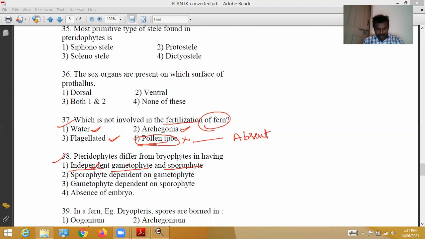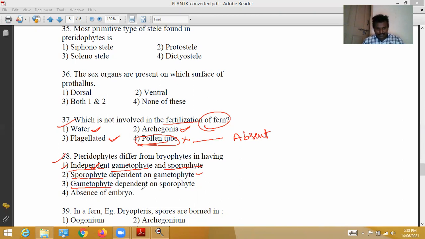Pteridophytes differ from bryophytes in having. Next, sporophyte dependent on gametophyte. Yes, it is also correct. The sporophyte is always dependent on the gametophyte for nourishment. Gametophyte dependent on sporophyte.